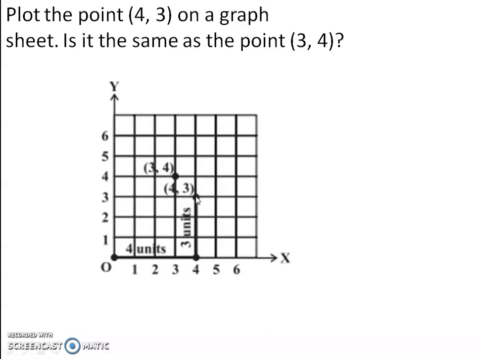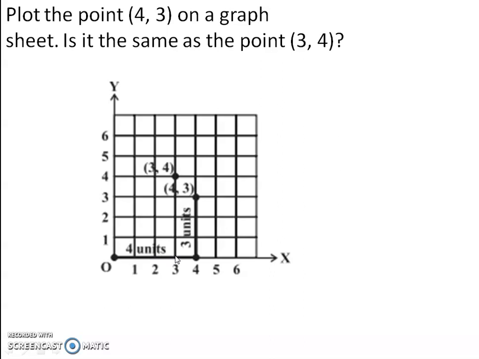In the previous slide, I told you not to interchange the numbers if you are given 4, 3. I'll tell you why. Here my point is 4, 3, and by mistake if I draw 3, 4, what will happen? Will it be the same? No. Here the first number is 3, so we have to move 3 units. 1, 2, 3.